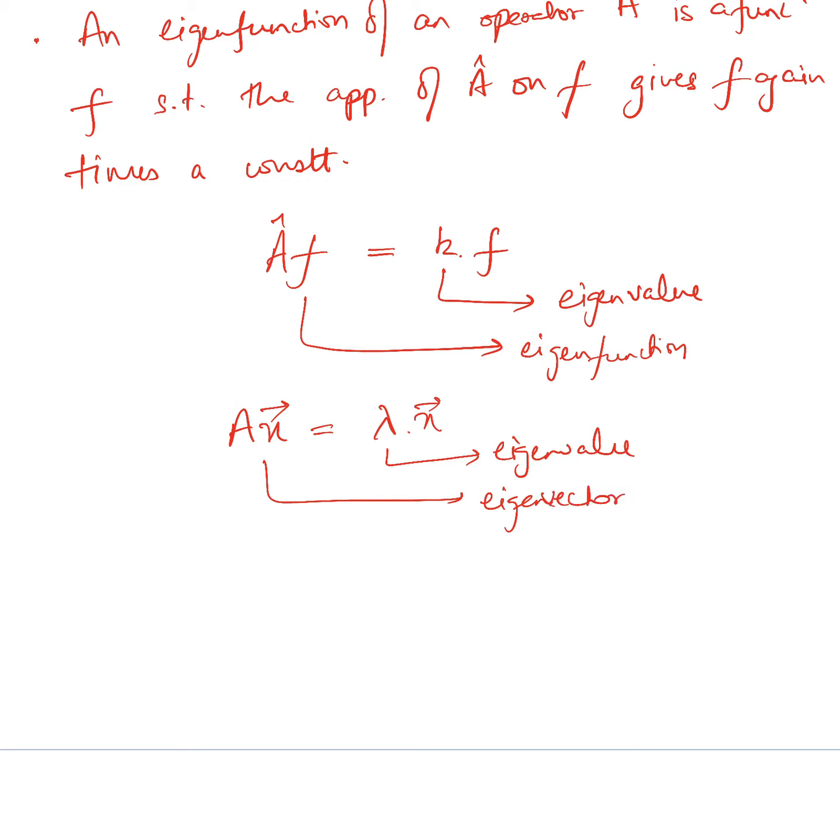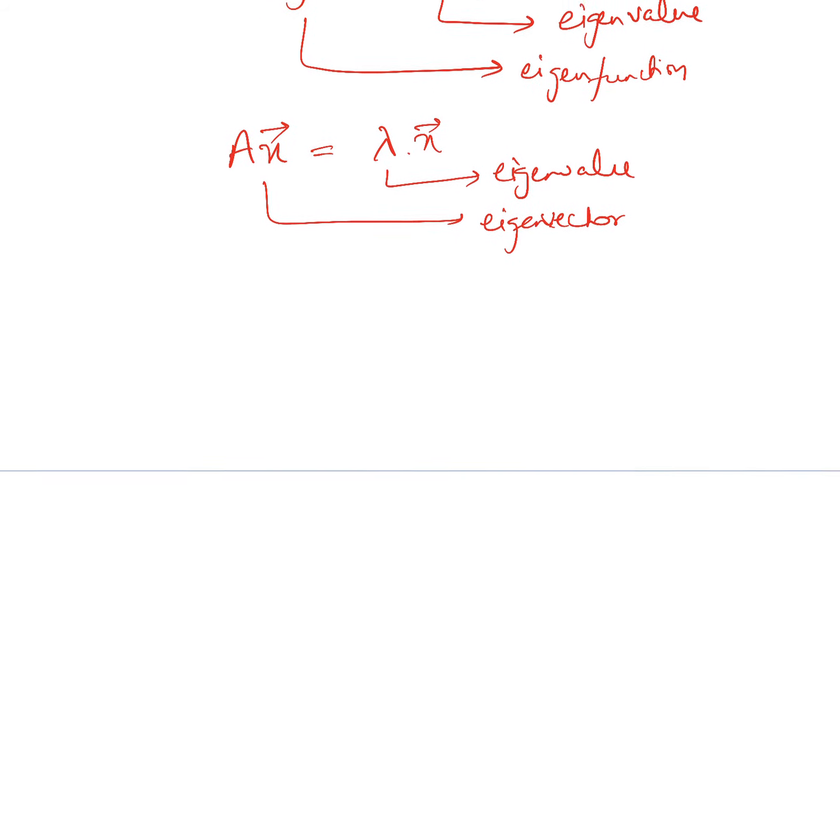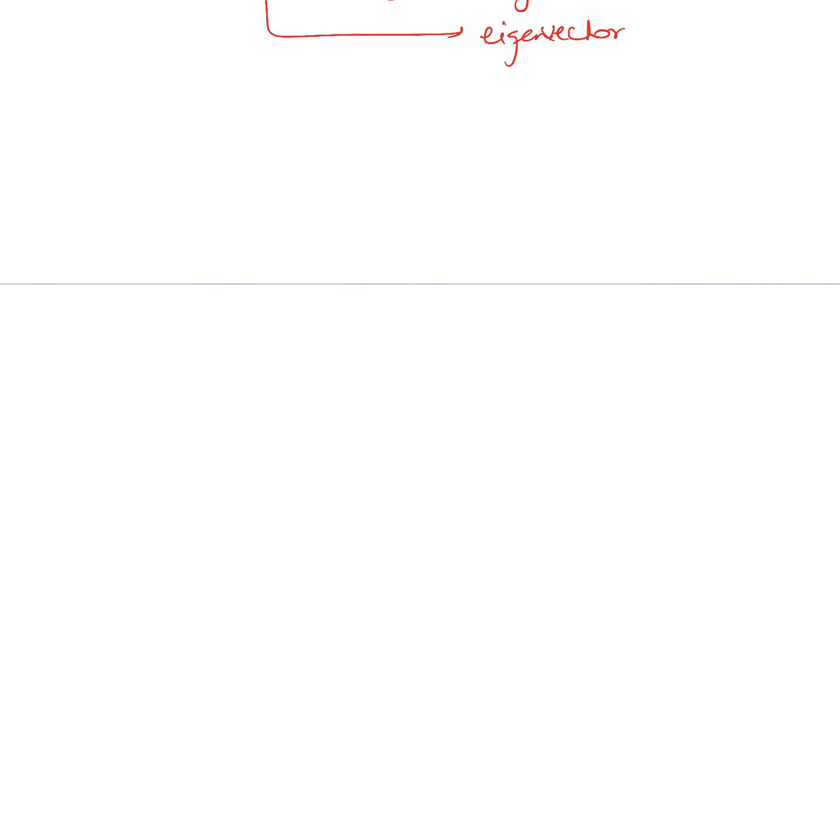Okay, so now the question arises, why are we discussing eigenvalues and eigenfunctions for the frequency domain representation? The point is, let's say we talk about the LTI system once again, having an impulse response h of n.